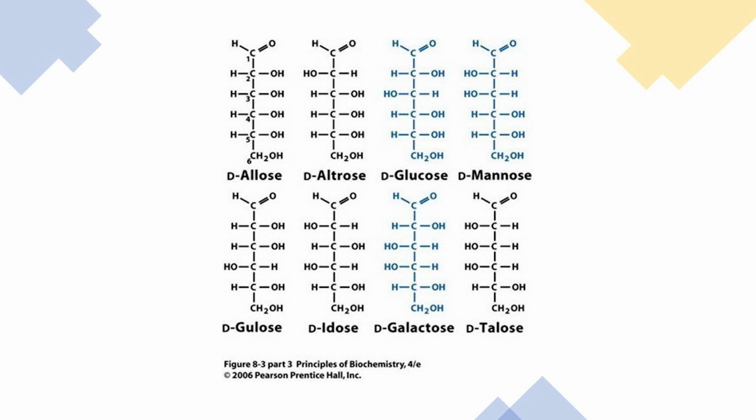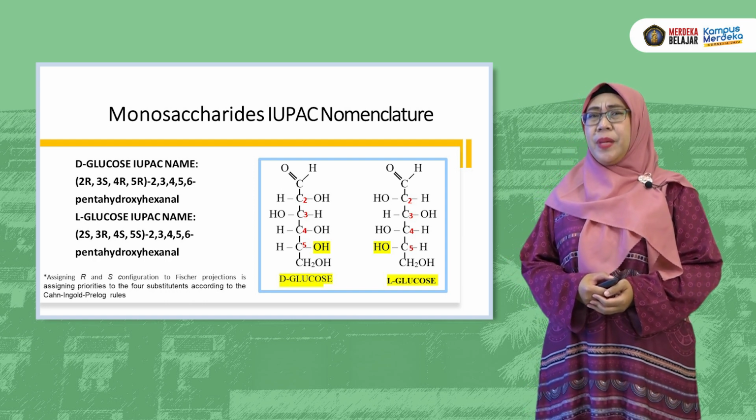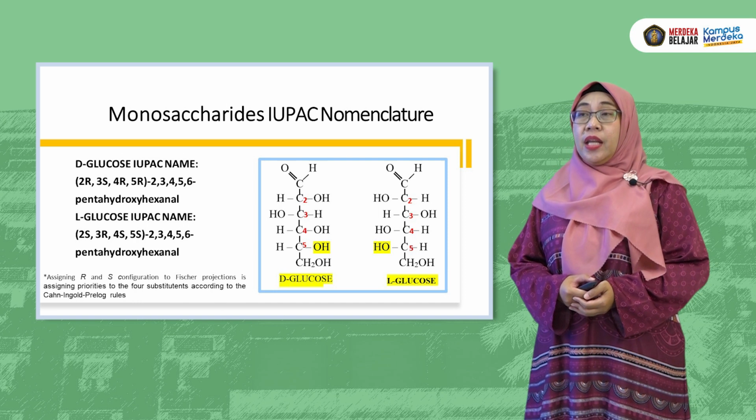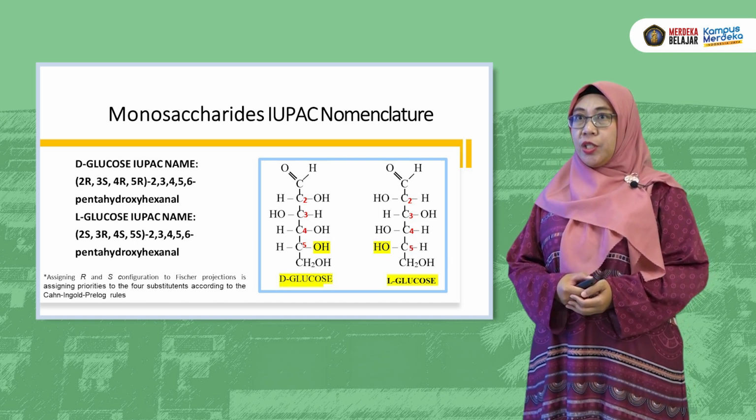These are examples of the 8 D sugars and their common names. Their names are D-allose, D-altrose, D-glucose, D-mannose, D-gulose, D-idose, D-galactose, and D-talose. The terminology of D and L sugars is a bit more outdated than the R and S that we use to assign absolute configuration.